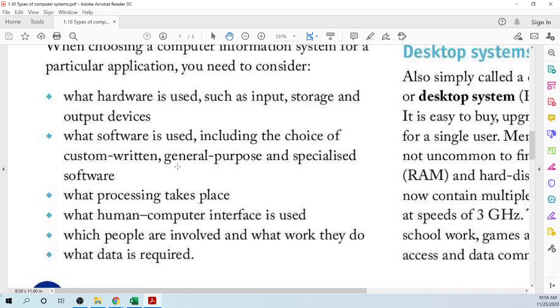Now, contrast that with a factory that has a robot that is doing the packaging, the preparation, and so on.